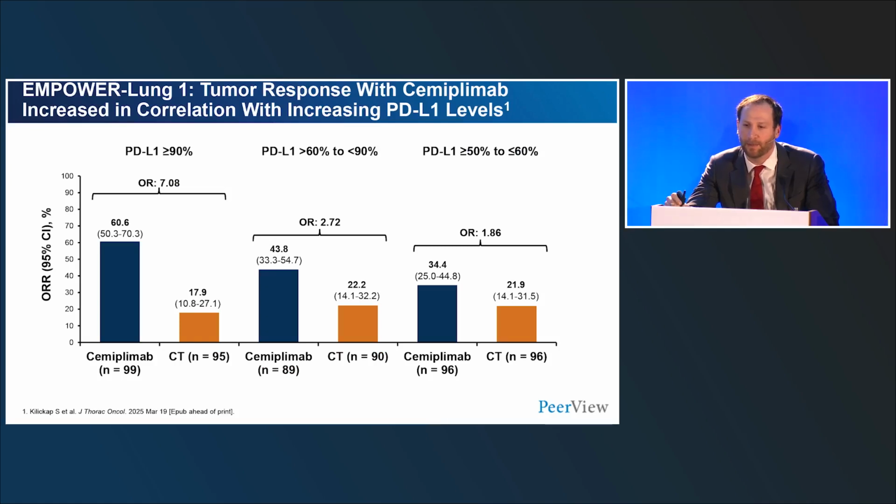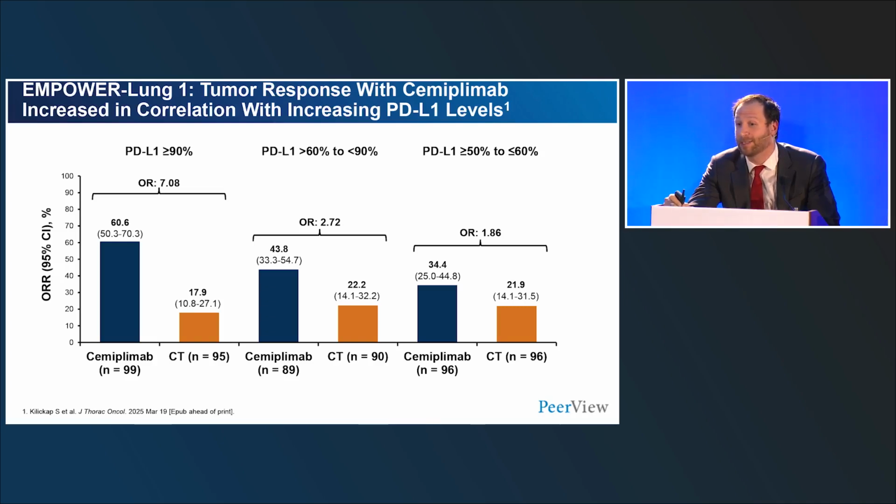We talked about this briefly earlier too, the PD-L1 expression and how that's important. But one thing I wanted to highlight here, and I think is also important, is that PD-L1 expression is a continuous variable. And when we group greater than 50% together, that's somewhat arbitrary.